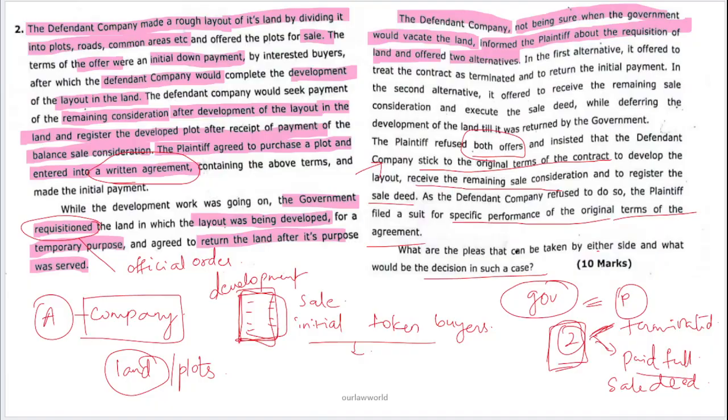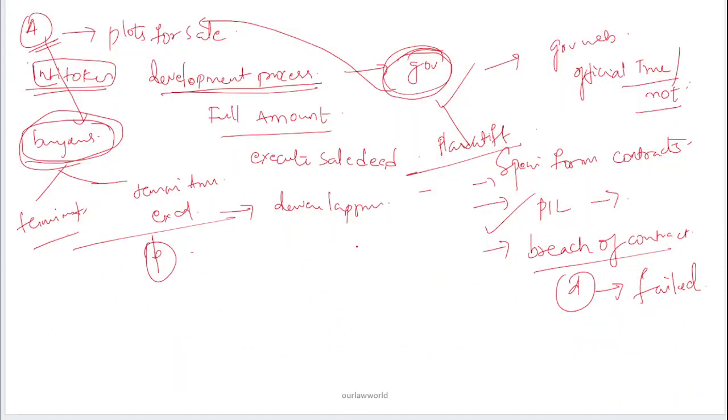Here the plaintiff agreed to purchase a plot and entered into a written agreement. As per the terms and conditions, company A did not fulfill its obligations. So he can file for breach of contract also, right?